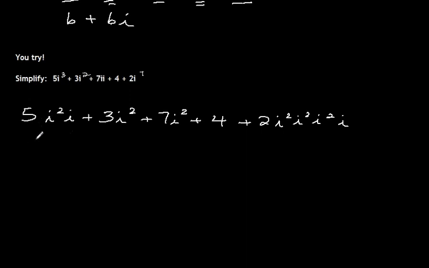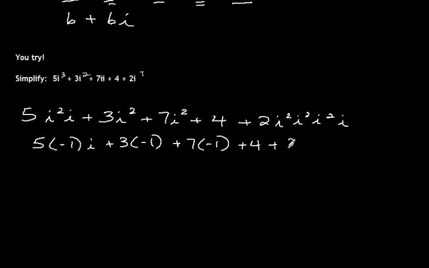Replace all the i squareds with negative 1s. So we get 5, negative 1, i, plus 3 times negative 1, plus 7 times negative 1, plus 4, plus 2 times negative 1 times negative 1 times negative 1 times i.